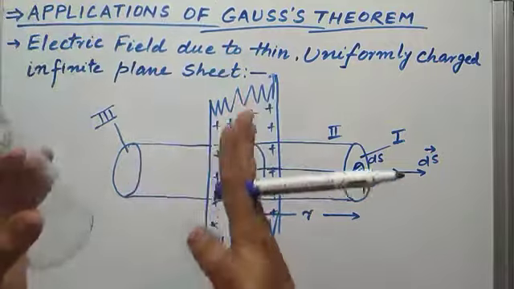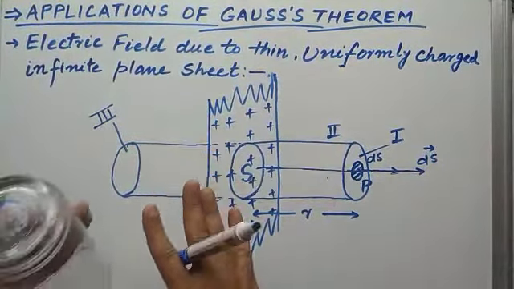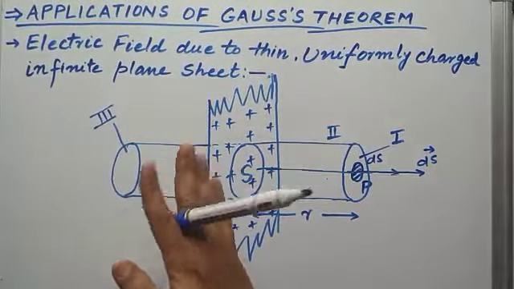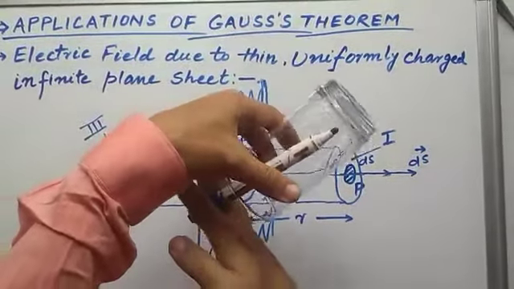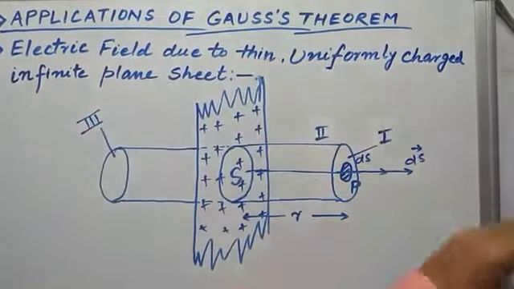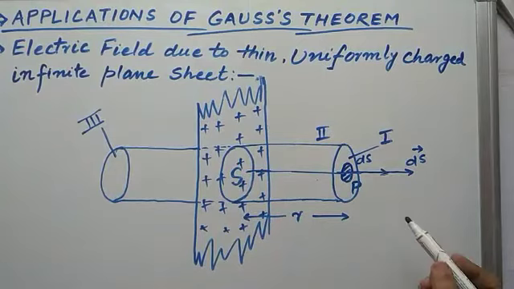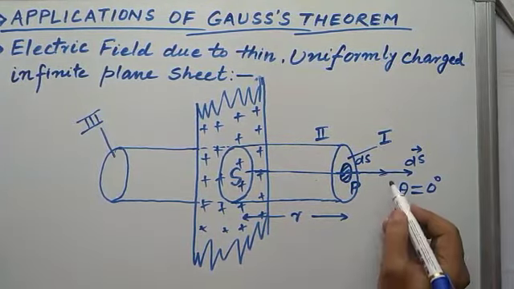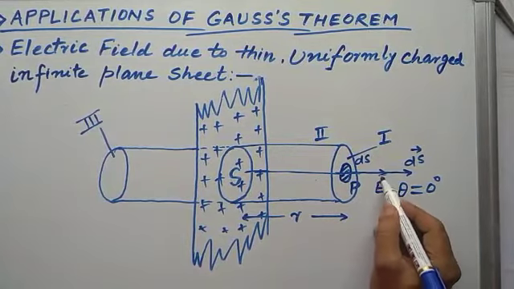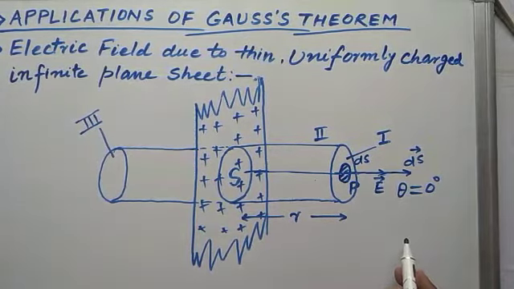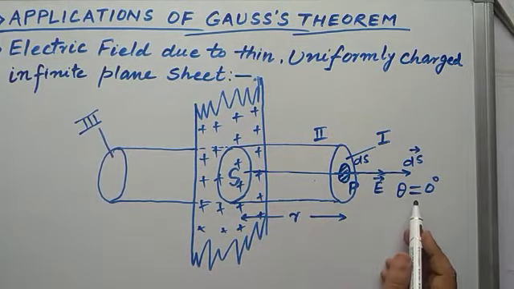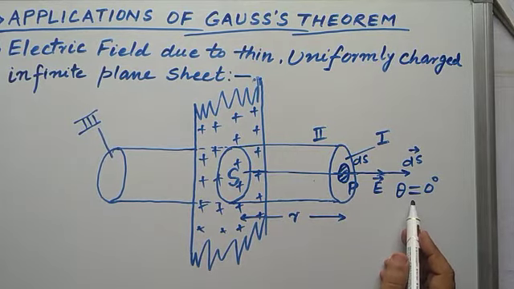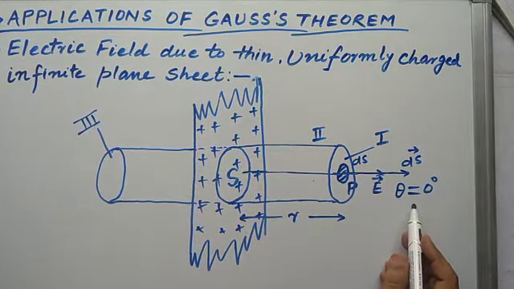Suppose this is the sheet in my hand and the electric field lines pass through this surface. So the angle between them is theta equal to 0 degree at surface or face number 1.